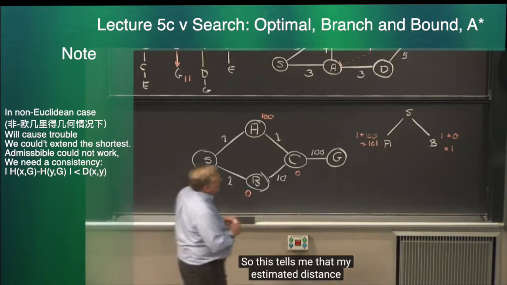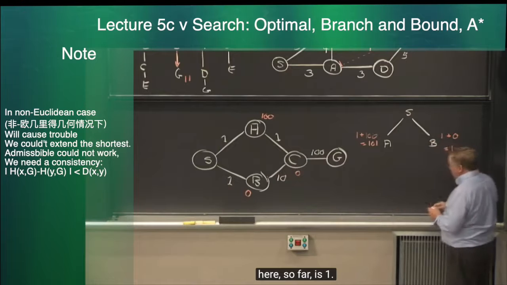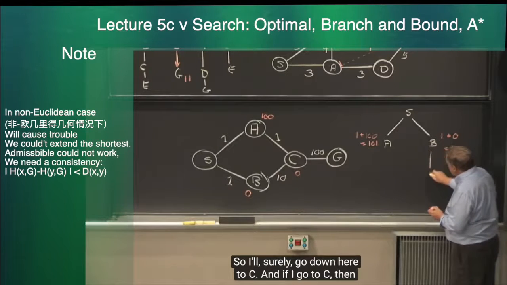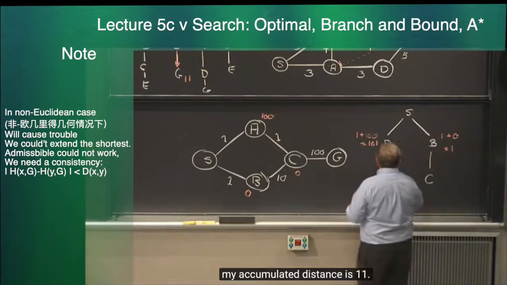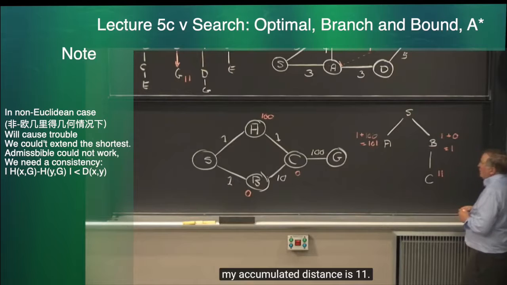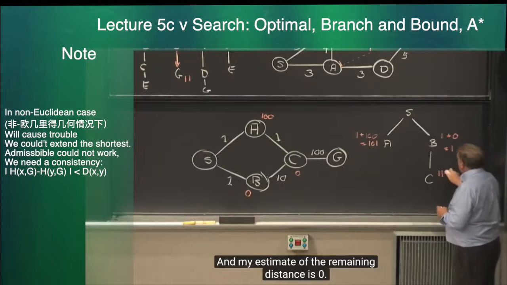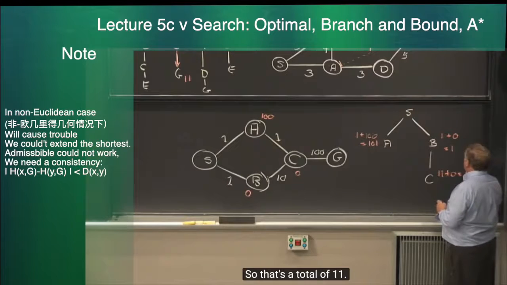So this tells me that my estimated distance here so far is 1, so I'll surely go down here to C. And if I go to C, then my accumulated distance is 11, and my estimate of the remaining distance is 0, so that's a total of 11.